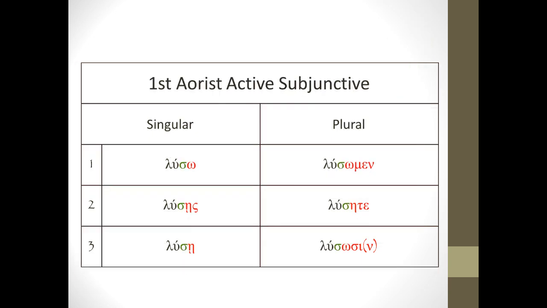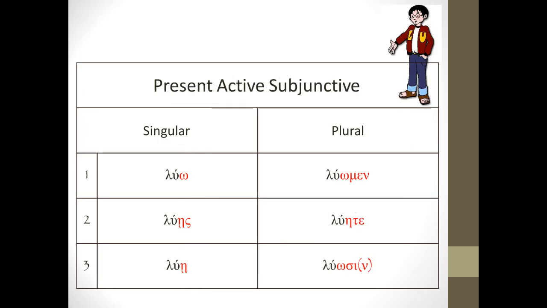Now let's take a look at the aorist active subjunctive. Taking a look at this, there is a little potential room for confusion here. The good news is that the endings you have to learn for the subjunctive in the present active, let me go back, look at those present active subjunctive verb endings: o, ace, a, omen, eta, osin.